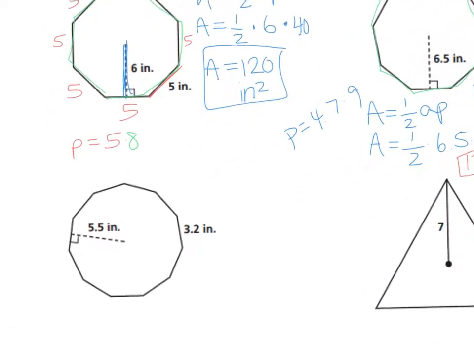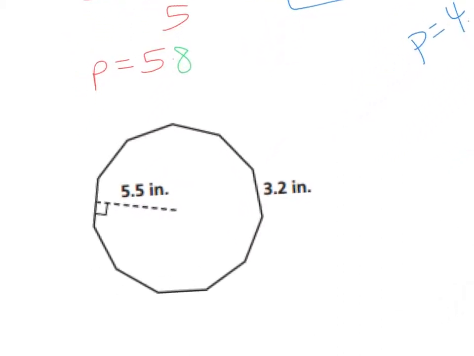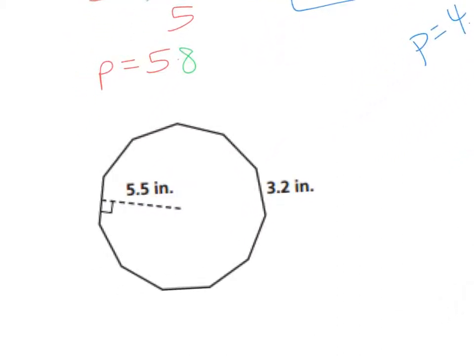And then down here, we write the formula. Area equals 1/2 the apothem times perimeter. Area is 1/2. The apothem is 5.5. And the perimeter is, we got to figure out the number of sides. 1, 2, 3, 4, 5, 6, 7, 8, 9, 10, 11.